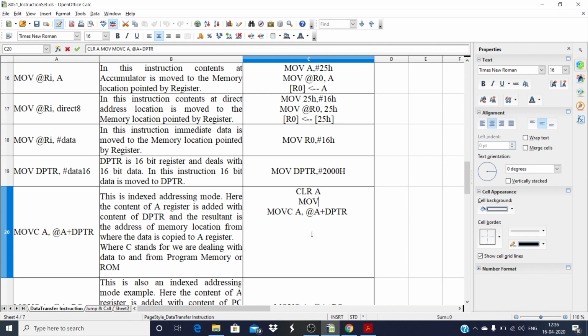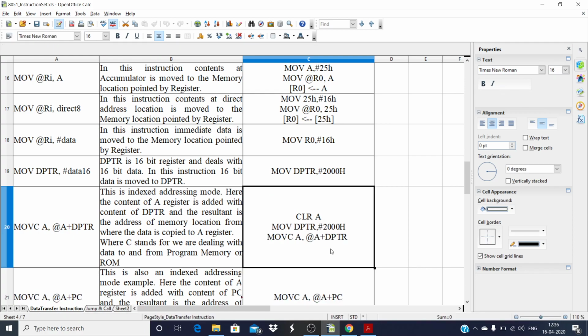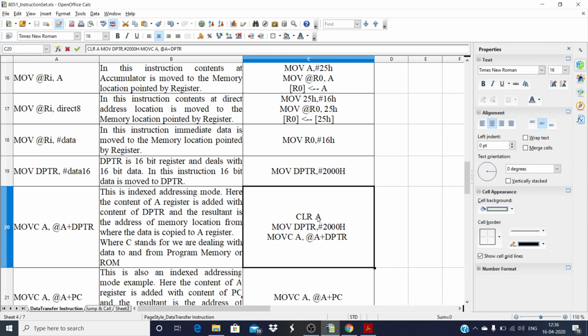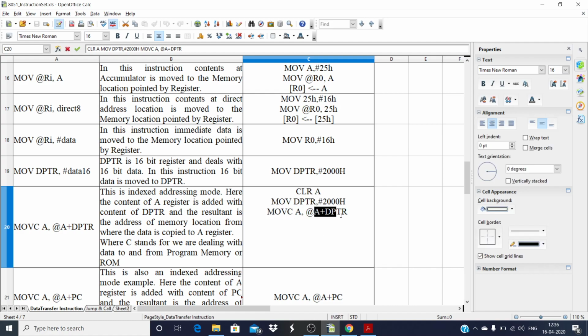So MOV DPTR, #2000h. Now we have A as 0 and DPTR as 2000, meaning the combined value of A plus DPTR will be 2000. Now the contents at the location 2000, which is in program memory ROM, will be moved to A. This is more specific.